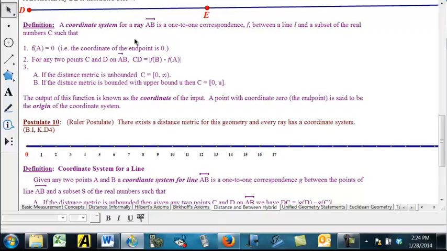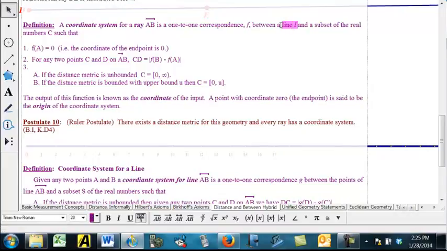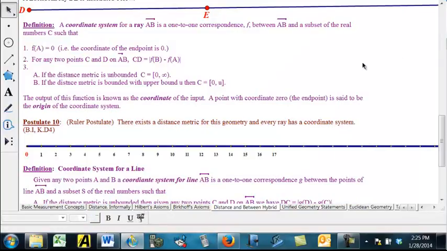So a coordinate system for ray AB is a one-to-one correspondence f between the ray AB and a subset C of the real numbers, such that, I need to switch a couple of notations here.